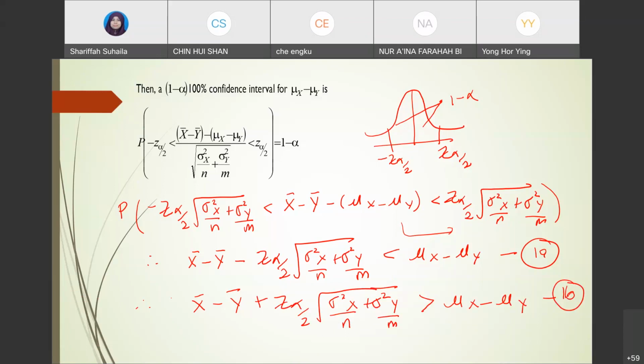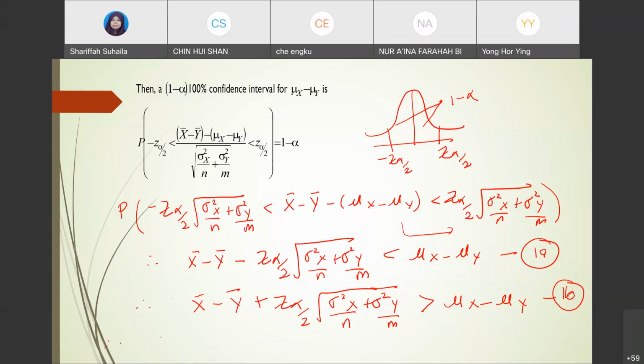So last tu, okay, last kita susunkan balik kita punya value dia. Okay, so that means this one you will have rearrange the inequality. Okay, so rearrange back 1a and also 1b.